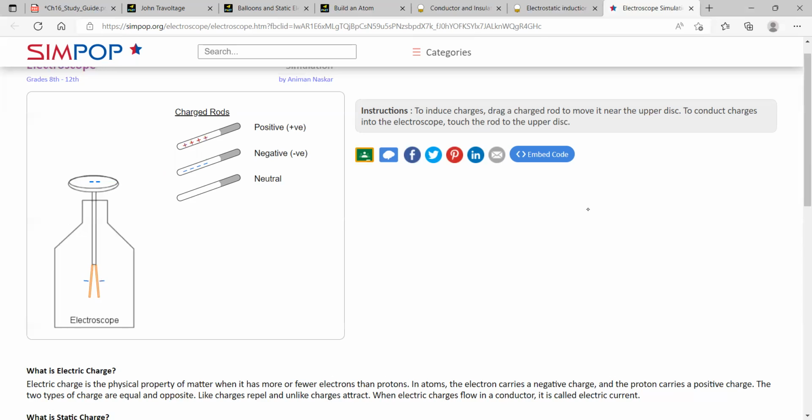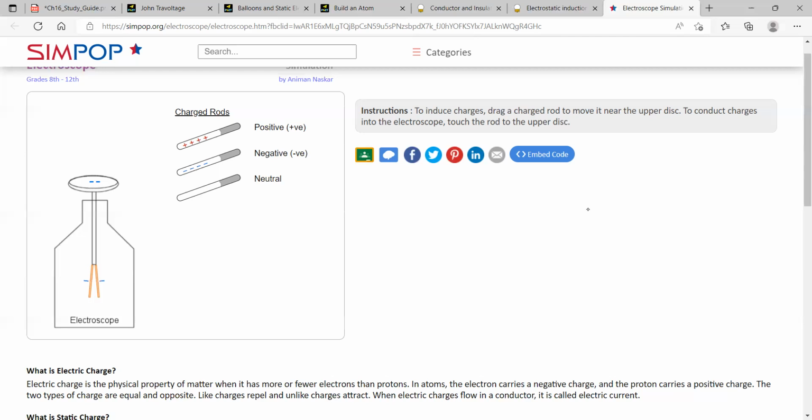So that's how we know whether an object is positively charged or negatively charged. Here we have to use both conduction and induction to understand whether an object is positively charged, negatively charged, or neutral.